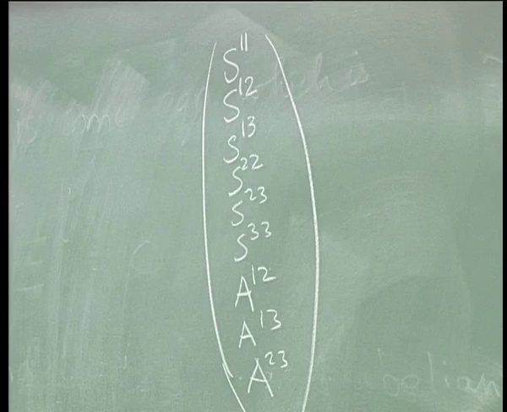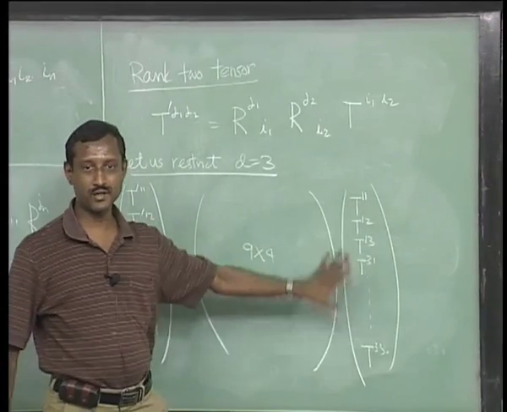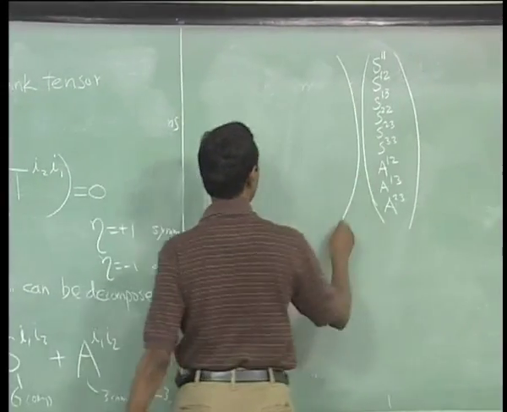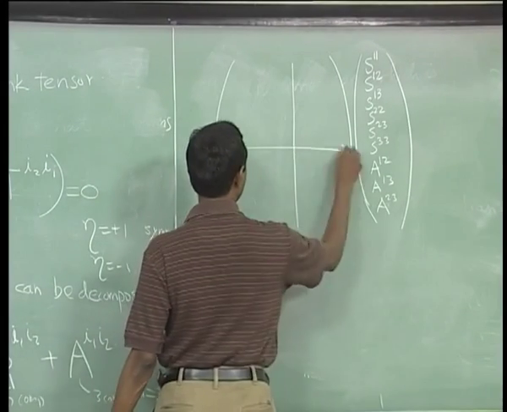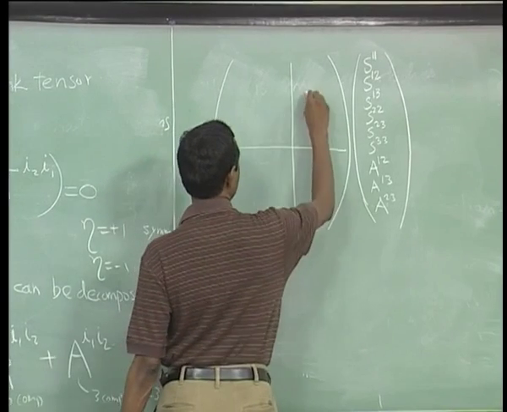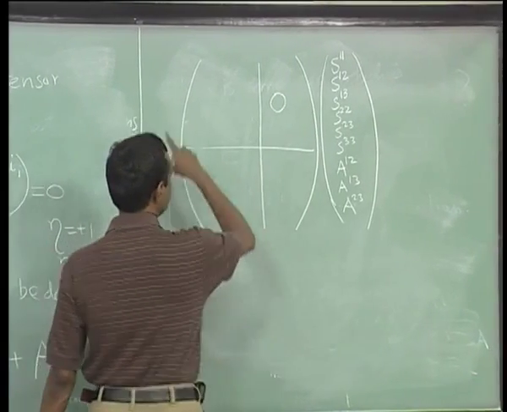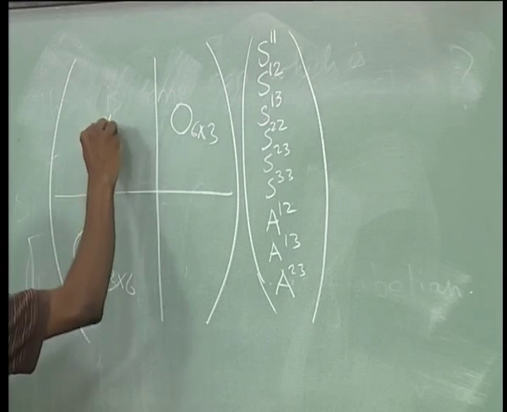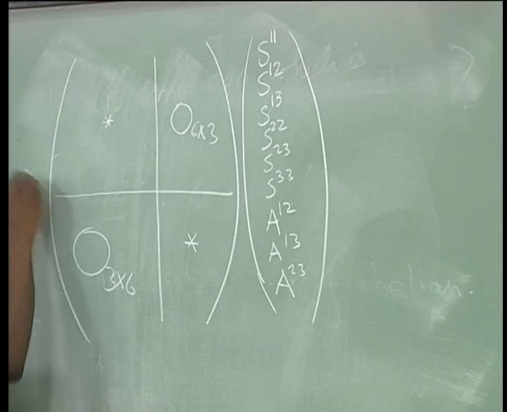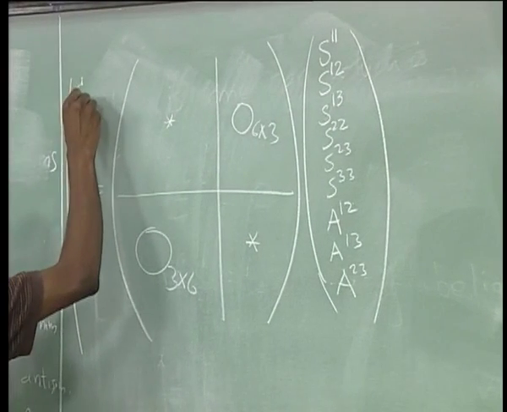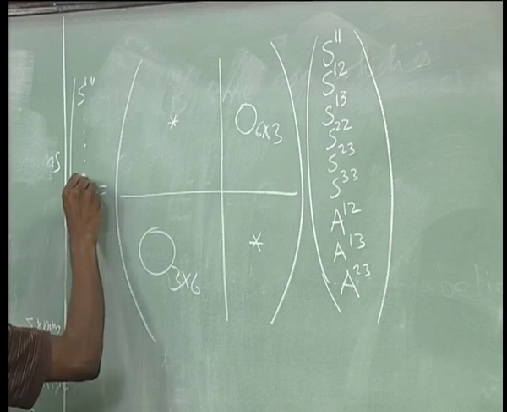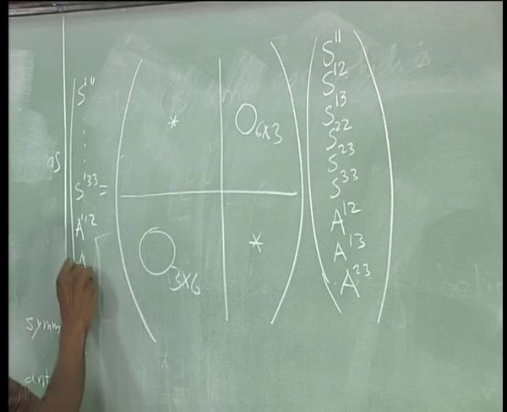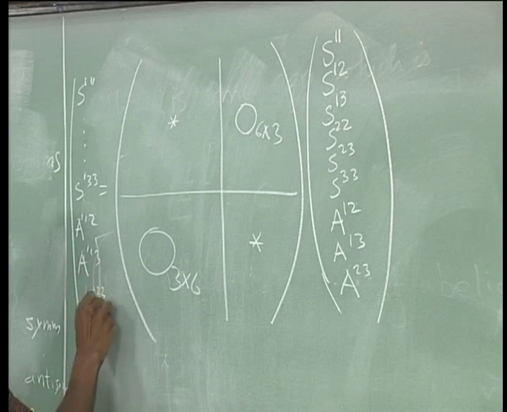So, this is like a change of basis if you wish, if you think of this as a vector, just some linear combination acting on that. Then if you work out how it transforms, you will find that you will get a 0 here, which would be 6 by 3, and this would be a 3 by 6 0, and these would be non-zero, non-trivial entries, S prime 1 1, so on and so forth till S prime 3 3, A prime 1 2, A prime 1 3, A prime 2 3.